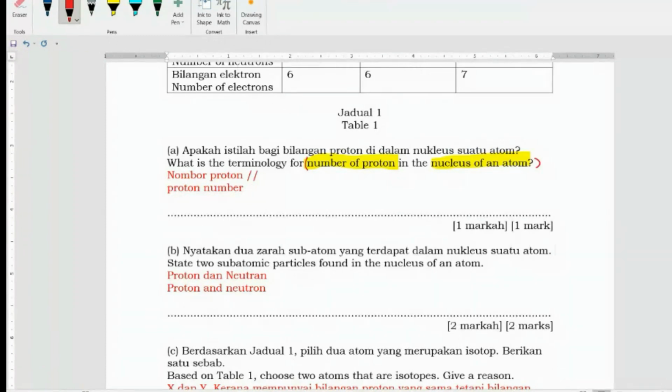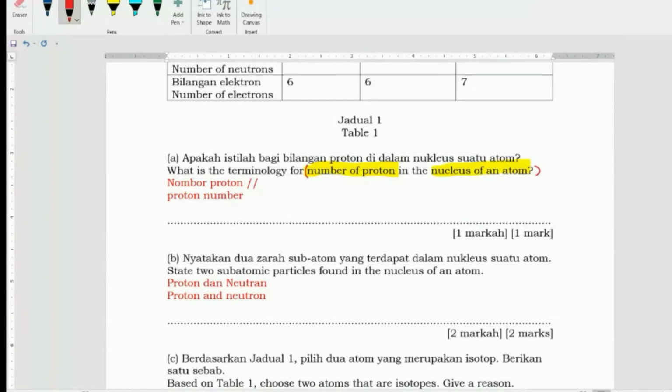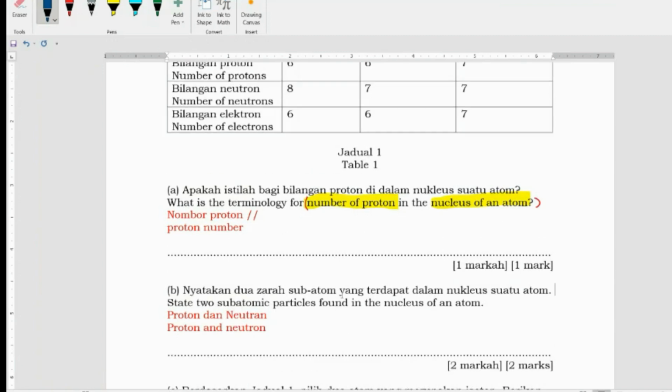Now, based on the table, this one I'd like to ask Camelia. C. Based on table 1, choose two atoms that are isotopes. Give a reason. Okay, so which two atoms are isotopes?